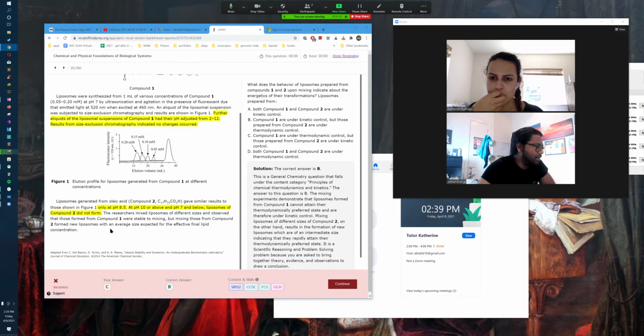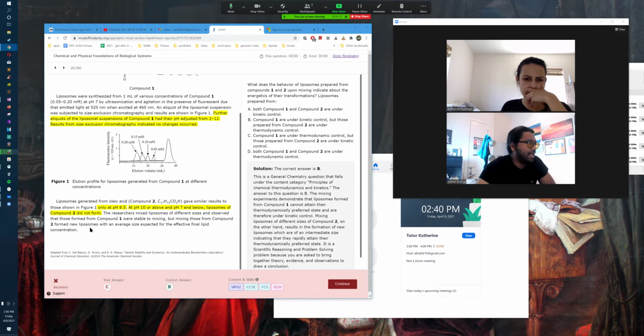Now I'll read the last part of the passage. They mixed liposomes of different sizes and observed that those formed from compound one were stable to mixing, but mixing those from compound two formed new liposomes with an average size expected for the effective final lipid concentration.